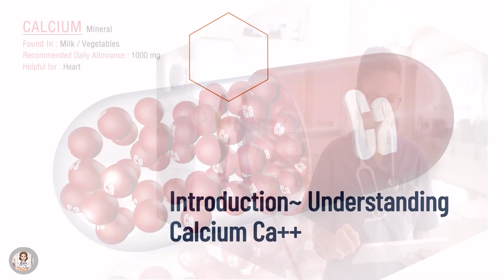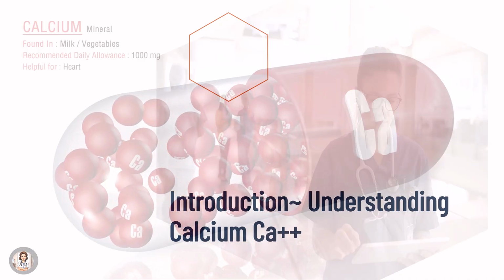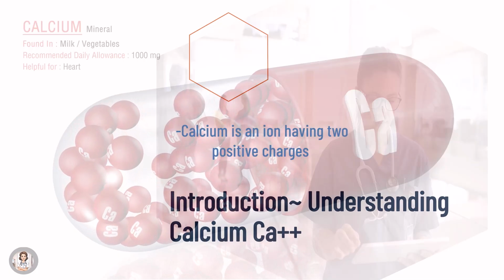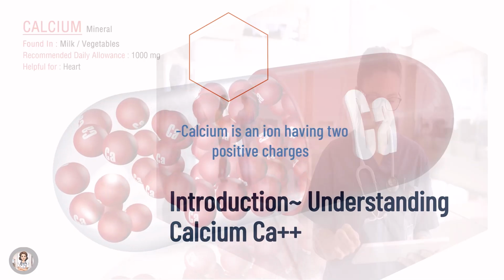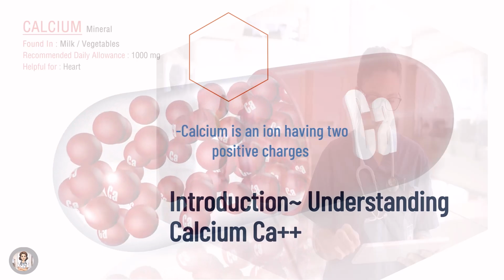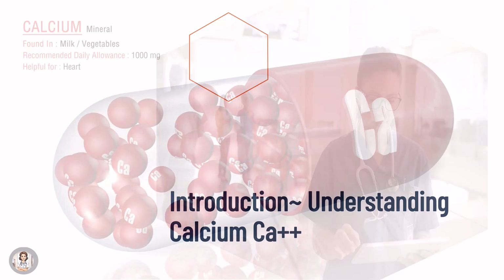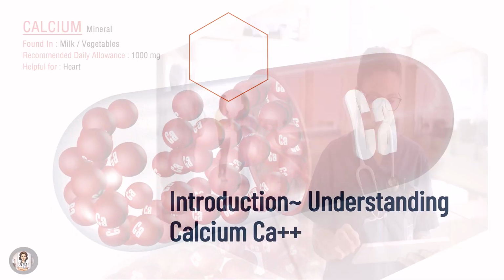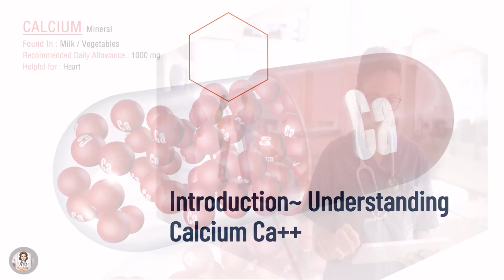Before we dive into hypercalcemia, I want to do a quick review of understanding calcium and its role in the body. Calcium is a mineral with functions closely related to those of phosphorus and magnesium. Calcium is an ion having two positive charges that exist in the body in a bound form as well as in an ionized or unbound free form.